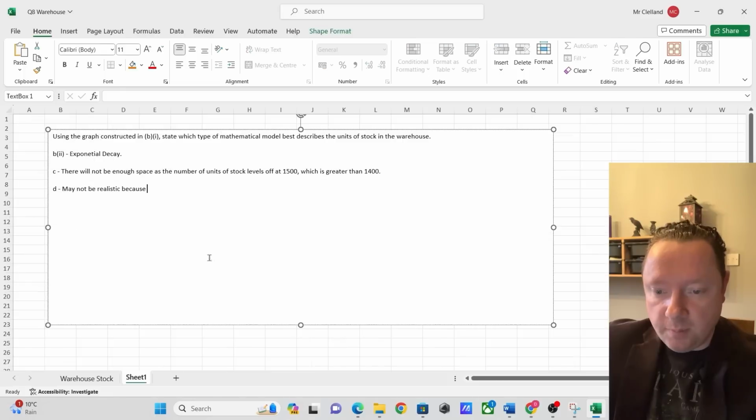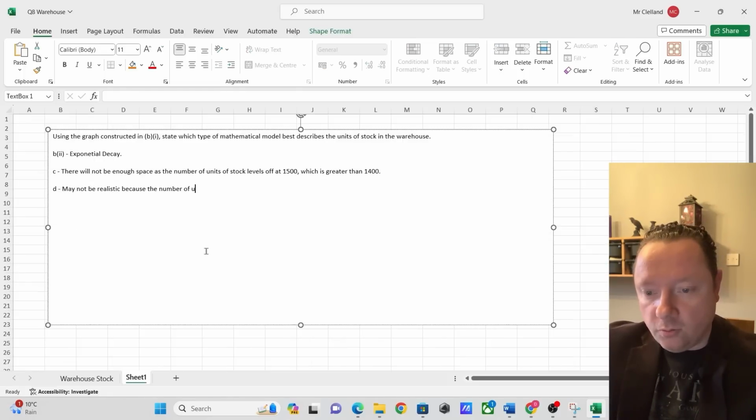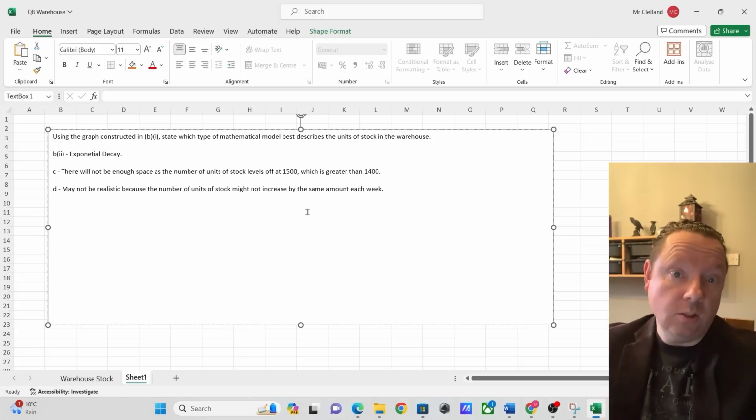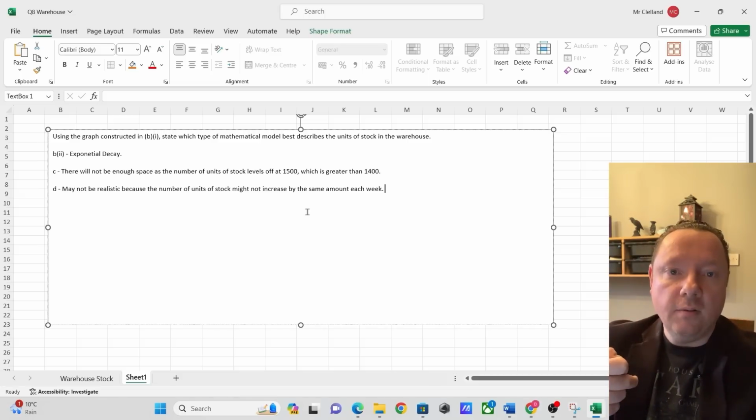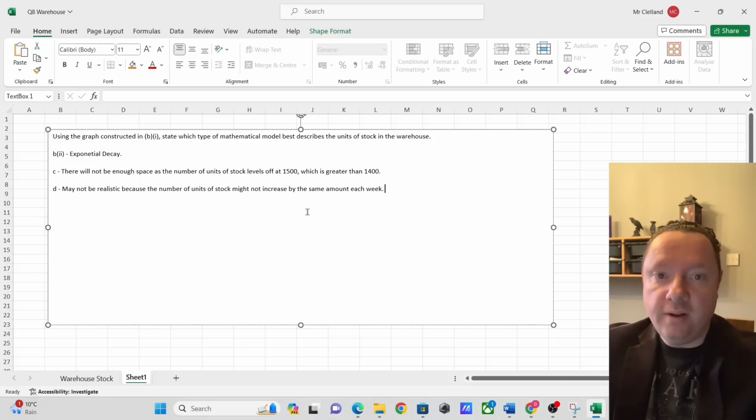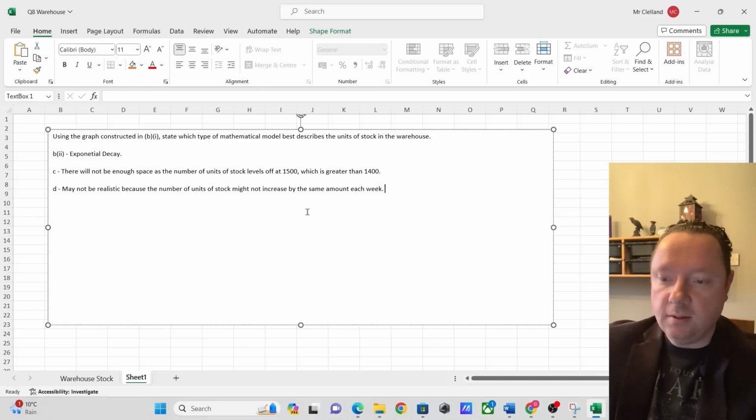So I could just write because the number of units of stock might not increase by the same amount each week. In other words, it's not fixed. You could have also written what I said earlier, that the amount of deliveries per week might vary. In other words, it might not be fixed, but either of the two options will give you your final mark.